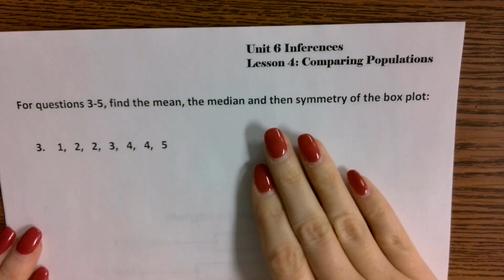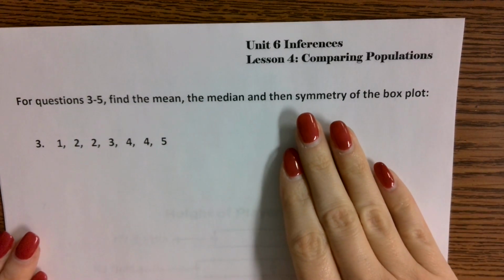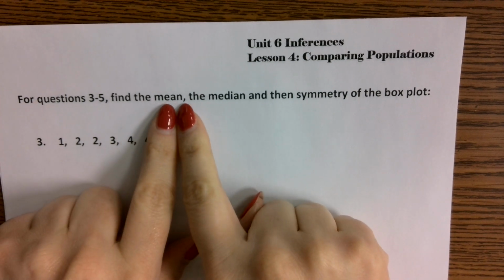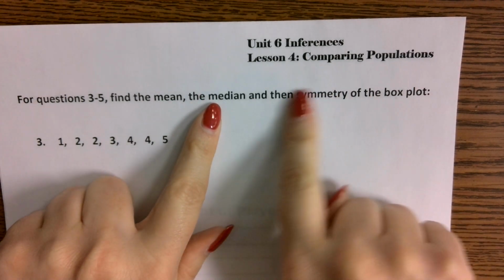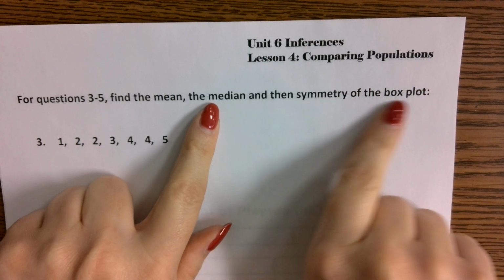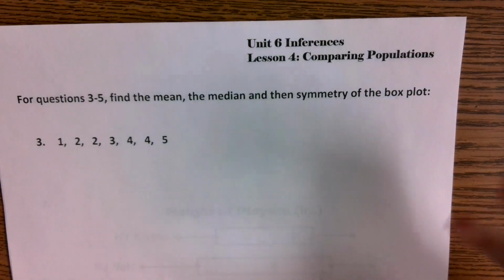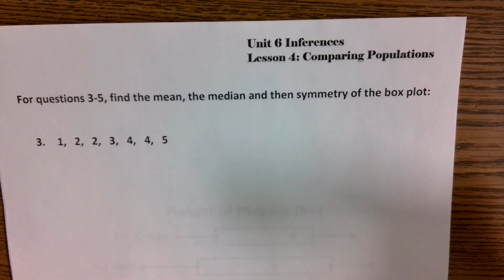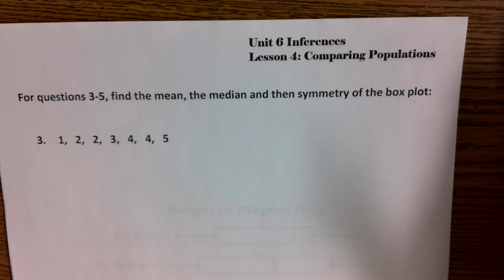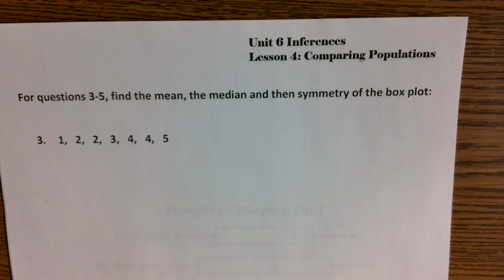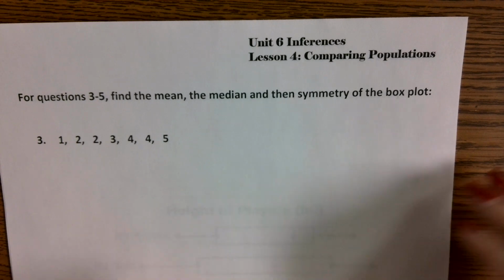Okay, so for questions like these, questions 3 through 5, what we're going to do is identify the mean and the median, and then we're going to graph it and identify symmetry for a box plot. So we'll graph the box plot together and then identify what the symmetry looks like. Is it symmetric, or is it skewed more to the left, or is it skewed more to the right?